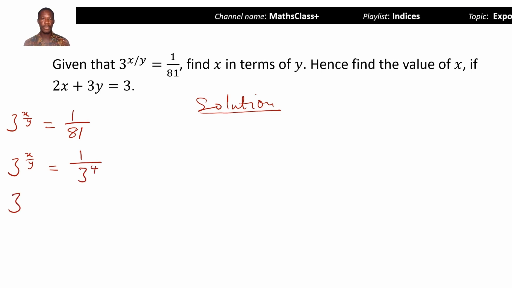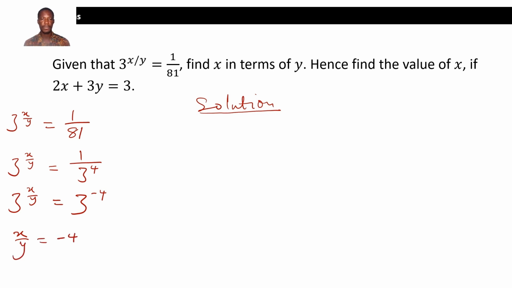So this can be rewritten as base 3 to the power negative 4. So looking at the common bases and the fact that the expressions are equal, then we can say that x divided by y is equal to negative 4. And if that is the case, we multiply through by y, that gives x is equal to negative 4y.